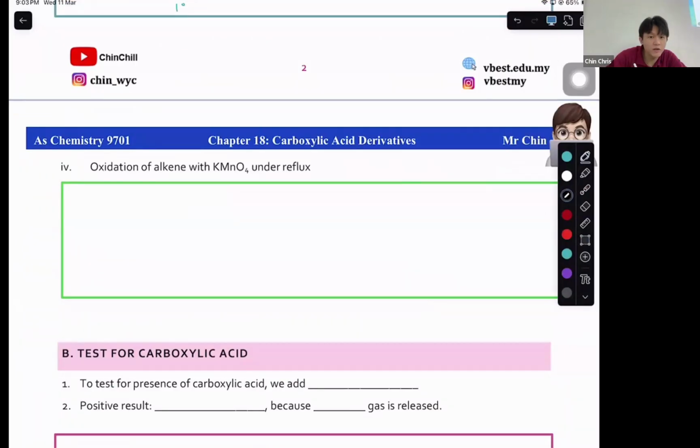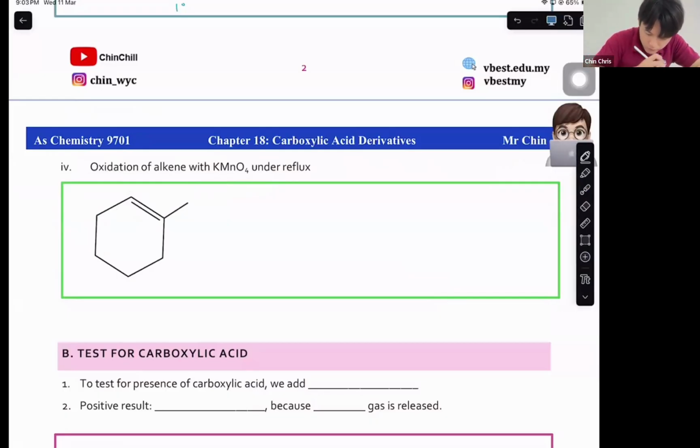Alright, guys. Oxidation of alkene. Okay, I'm going to give you a fun one. Well, if you can do this, it means you're damn good, bro. I hope you guys can do this.